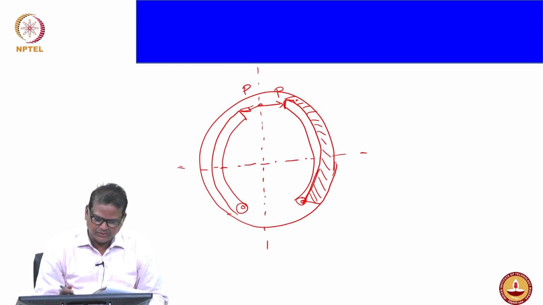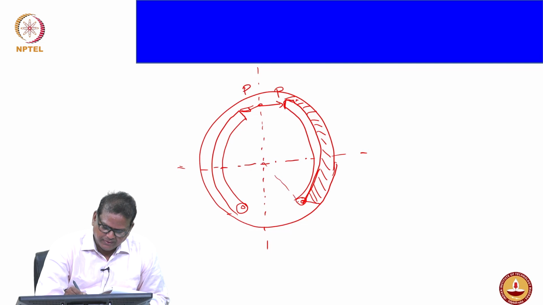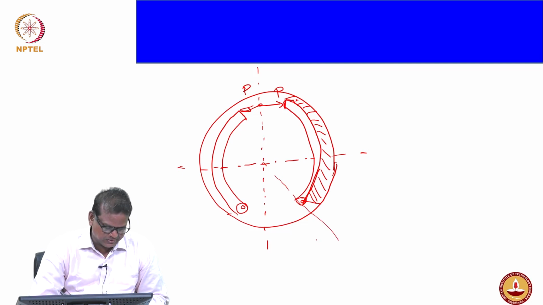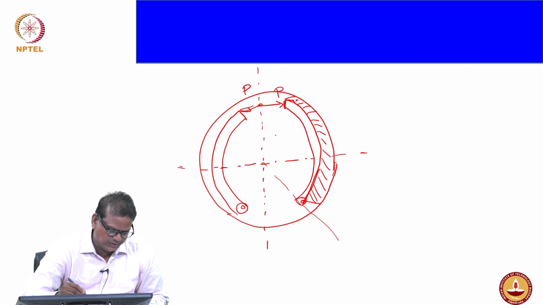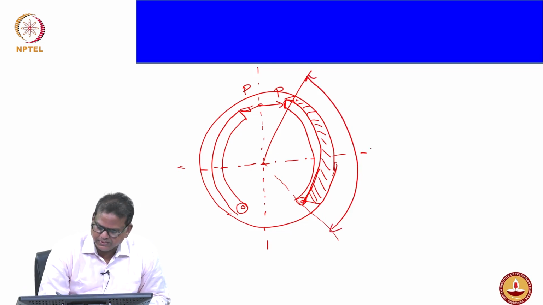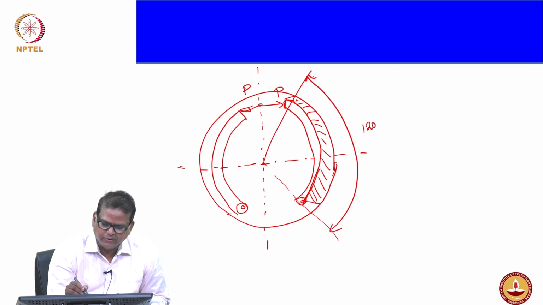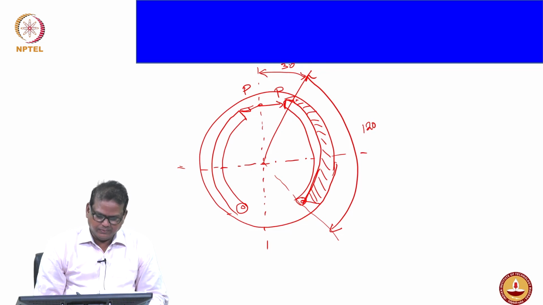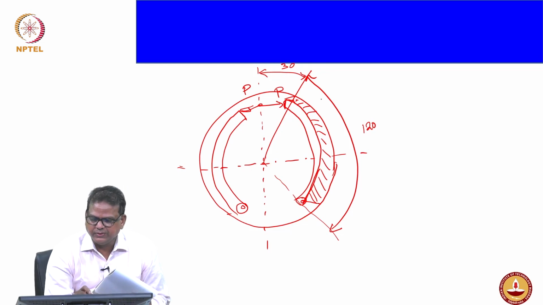What other information? From the pivot where the friction lining starts, the lining ends at 120 degree. Then from where the friction lining ends to this position is 30 degree, so 30 plus 150.